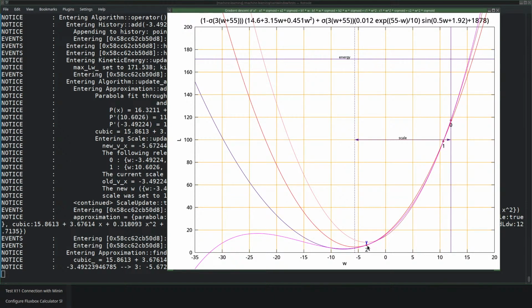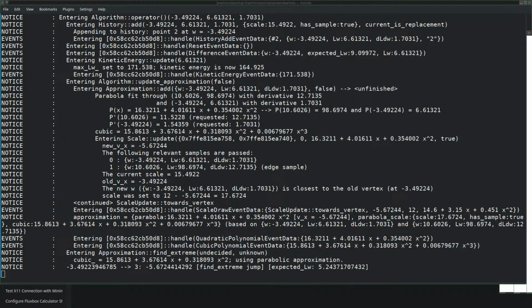And we are now looking for, I think still nothing, right? But then it should be using the nearest extreme, which is, well, this minimum. Minus 5.6, yeah.